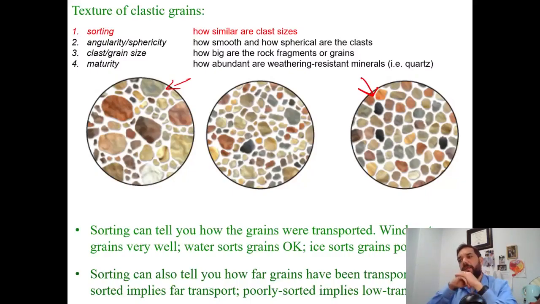What does that all mean? Sorting can tell you two things about how that rock formed. First of all, sorting can tell you how much transportation the sediment has experienced.